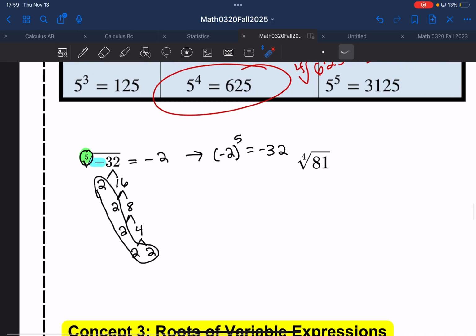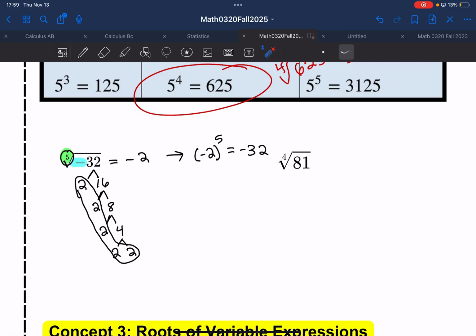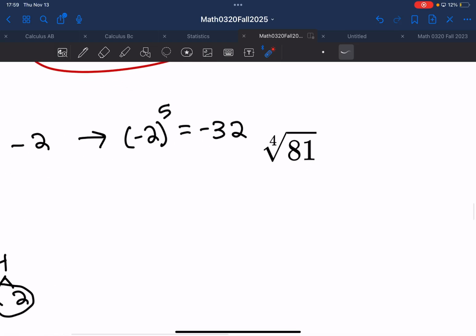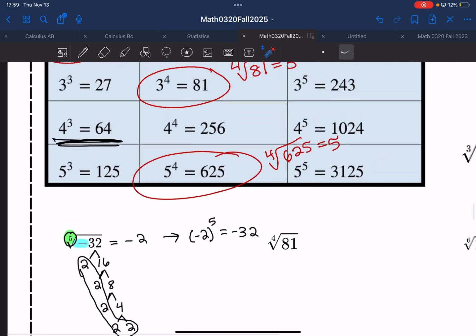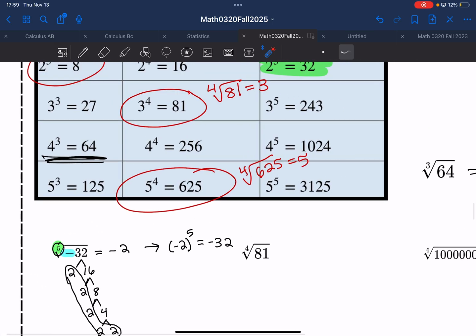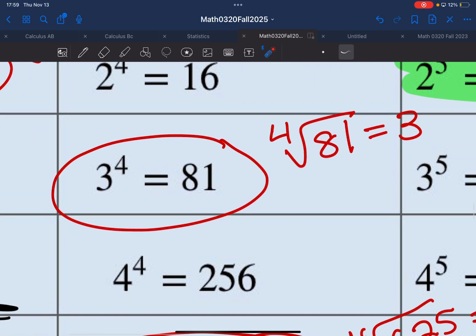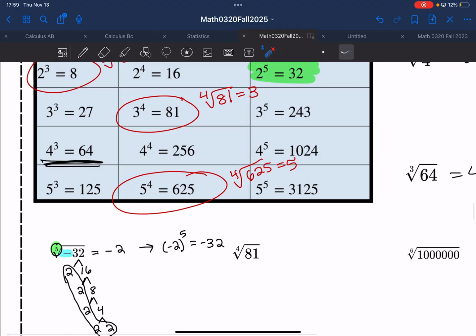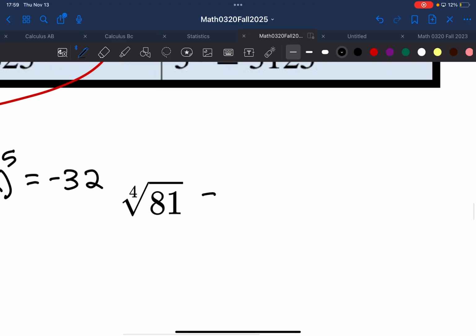Okay. So let's look at the next one. The fourth root of 81. 3. Okay, and you found that using the table right here. We even wrote it out. The fourth root of 81 equals 3. So again, we're saying, okay, this equals 3 because that's the same as saying 3 to the fourth power is 81.